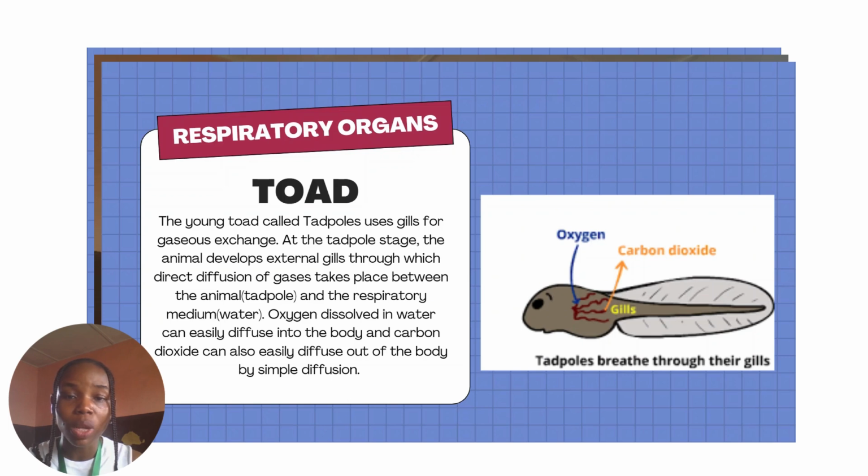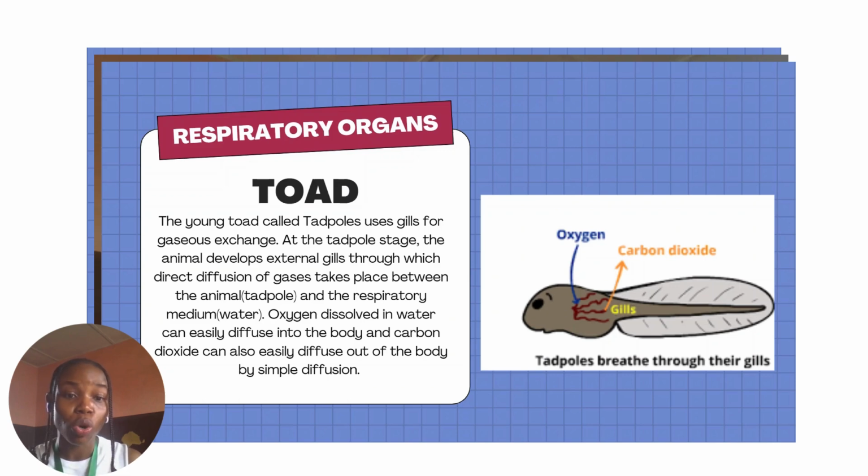They live in water, and because they live in water, they also make use of their gills. Because I know most of you will be wondering, oh, Miss Jane, toad, are they not supposed to be using their lungs instead of gills? And that is why I told you that the young ones of the toad are called tadpoles, and they are basically aquatic organisms. And because they are aquatic animals, they make use of their gills.